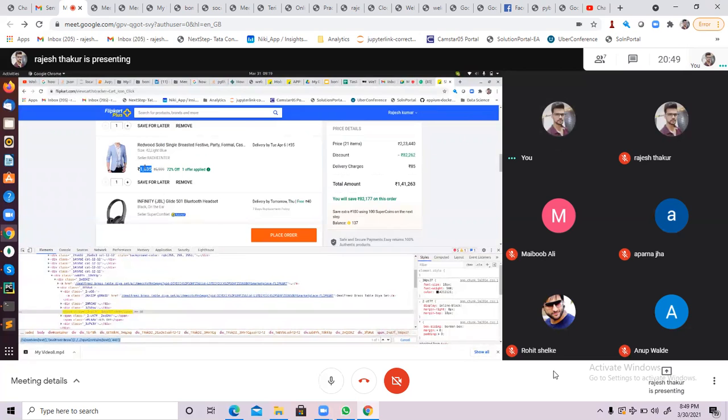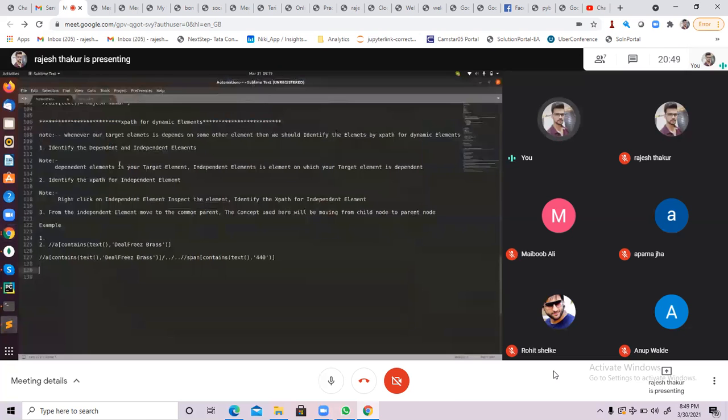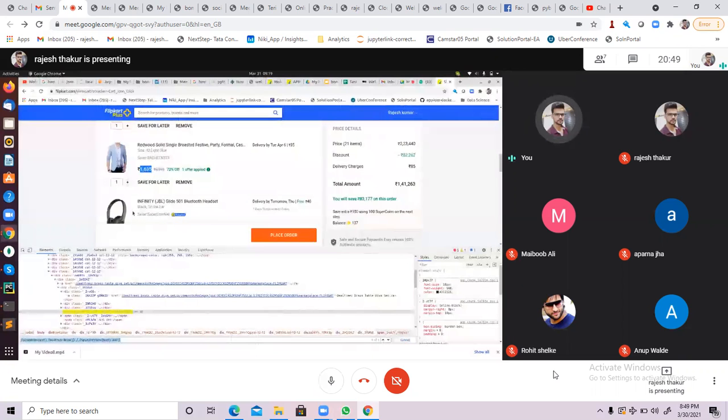Now, first thing, if I want to identify this 1635, then what to do? First, we have to identify the independent and dependent element. So what is the independent and dependent element here?